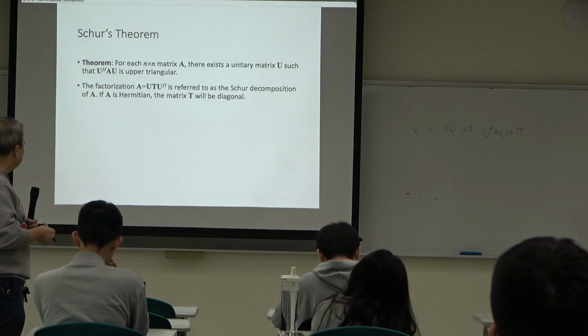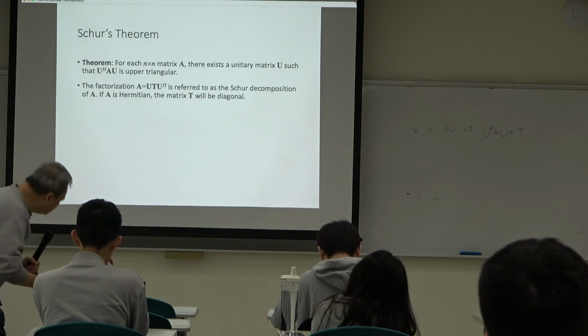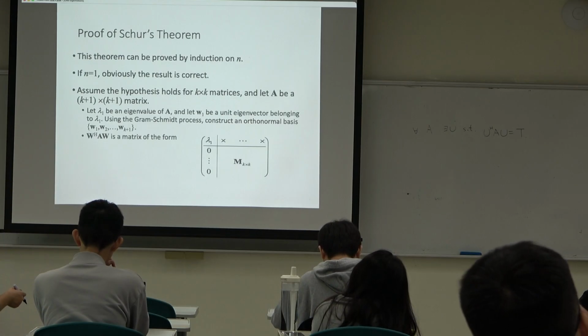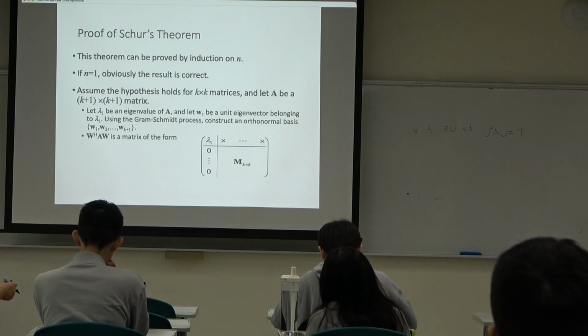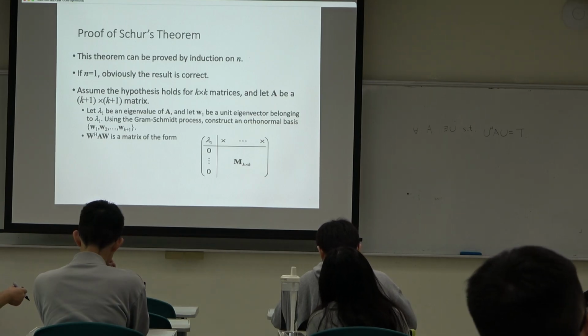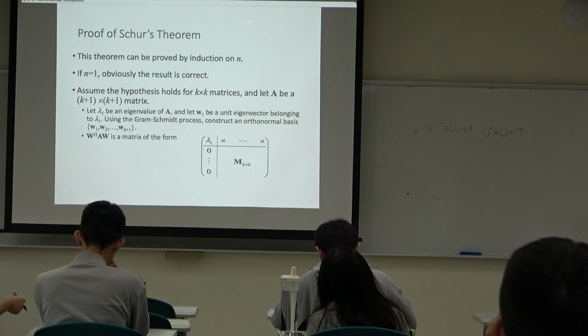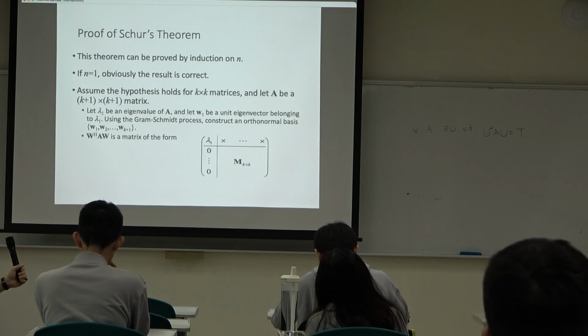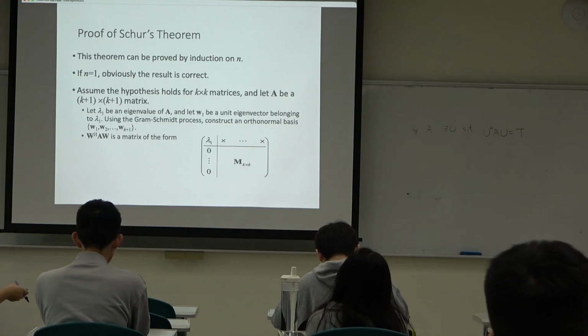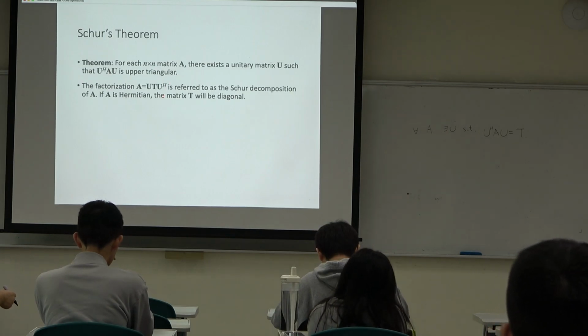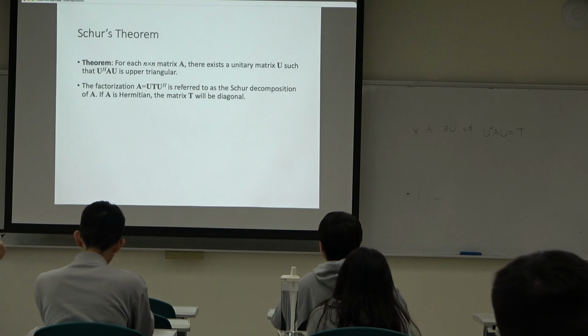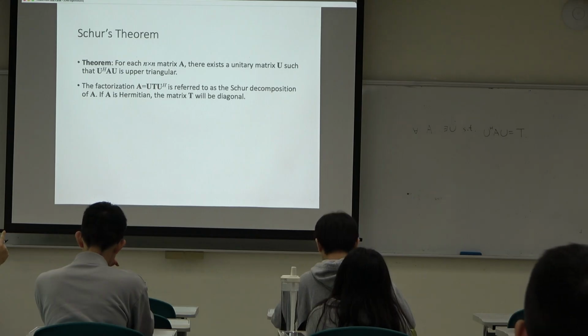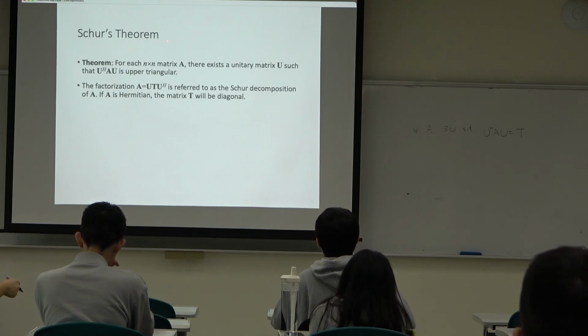But how about the general case? So this proof is by induction. First, when the size of A is 1, then this is obviously correct, right? Because you can just let U be the number 1, a single value 1.